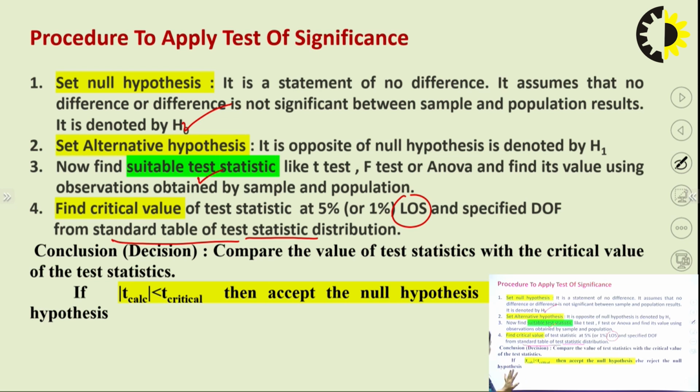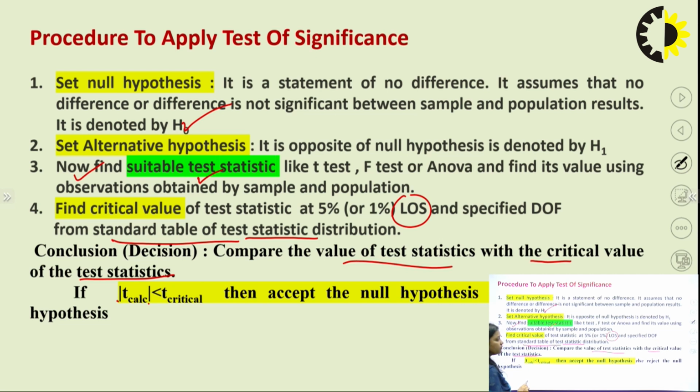Now the last step is to take a decision. How to take decision? Here we will compare the value of test statistic with the critical value of the test statistic. Now see, when we compare the value of test statistic obtained in the third step, we take only magnitude.